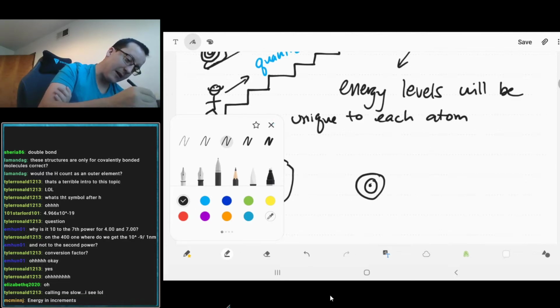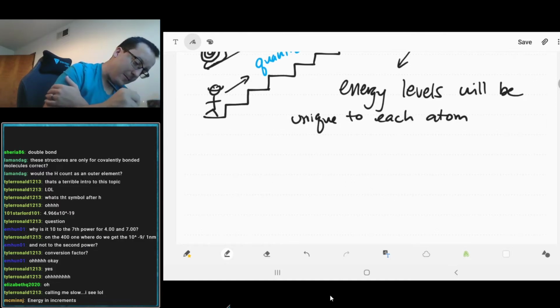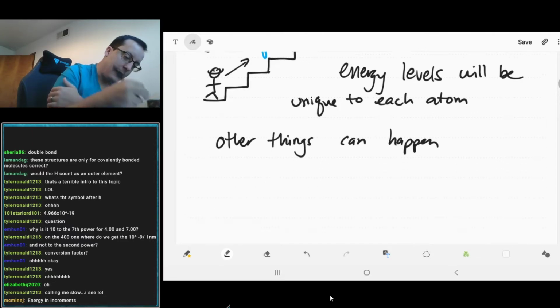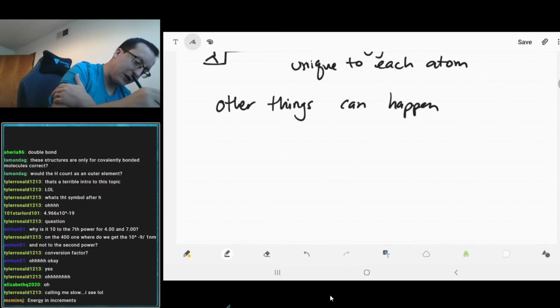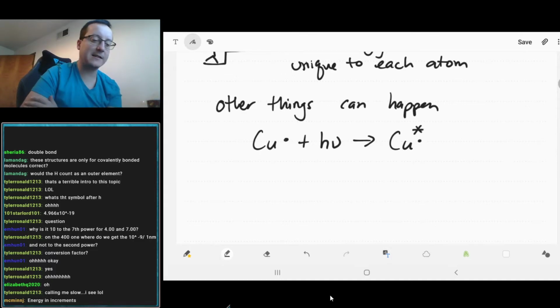Before I talk about this, I have other electron stuff to talk about. Other things can happen. We're going to see that if a copper atom gets hit with a photon, it can enter what is called an excited state.